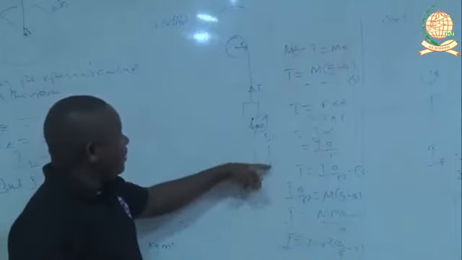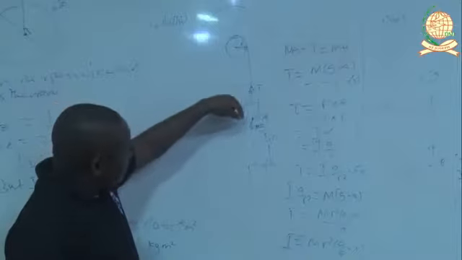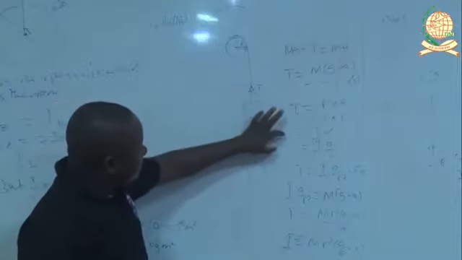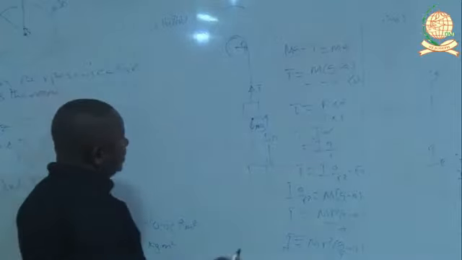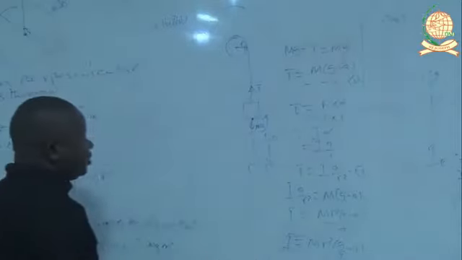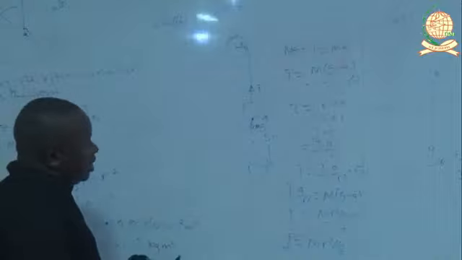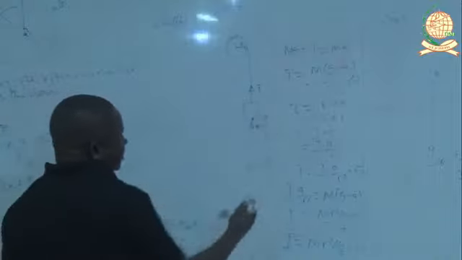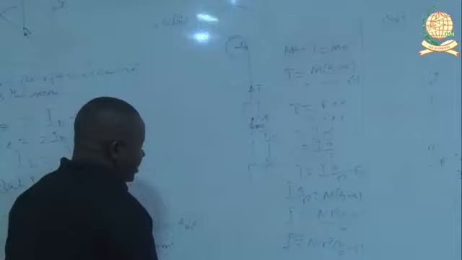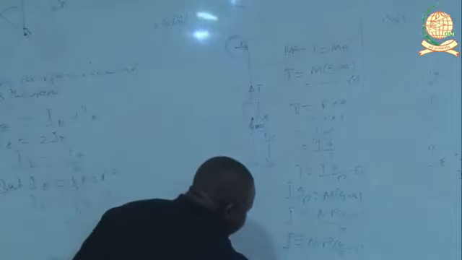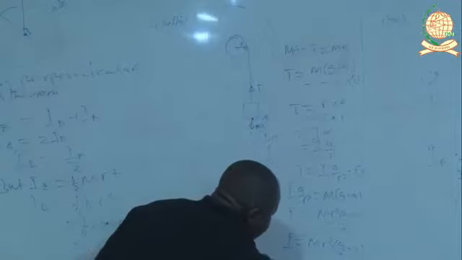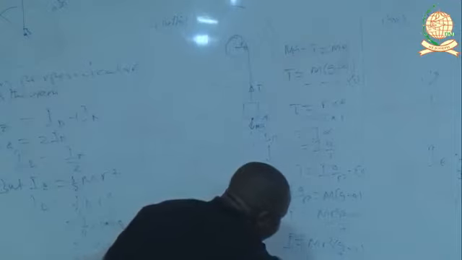So as it accelerates down, it has covered a distance of 5 meters in 10 seconds. So which equation includes distance and time? It is the second equation. So from the second equation, s equals ut plus a half at squared.